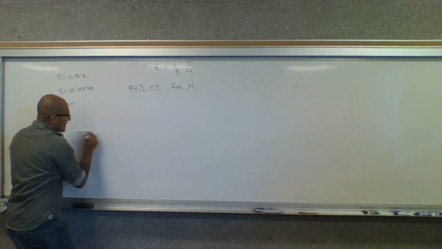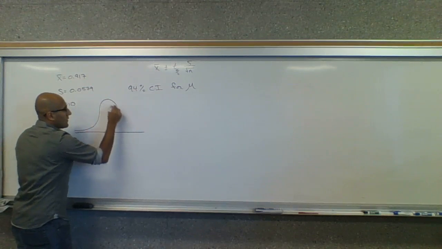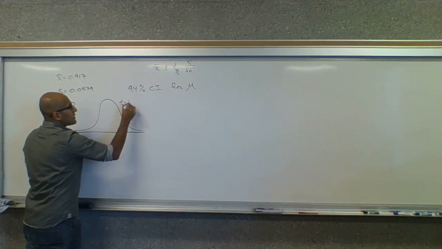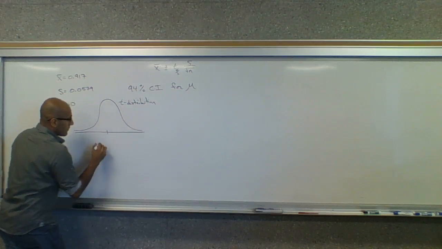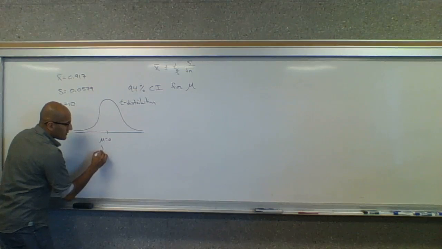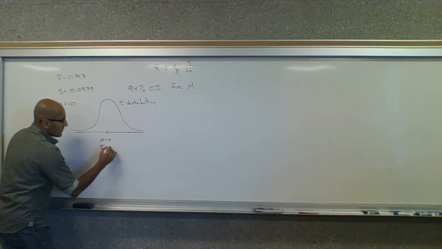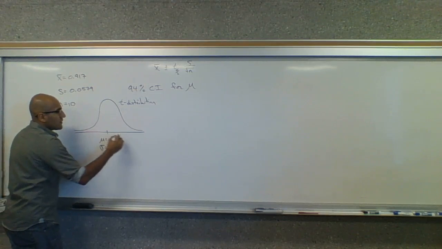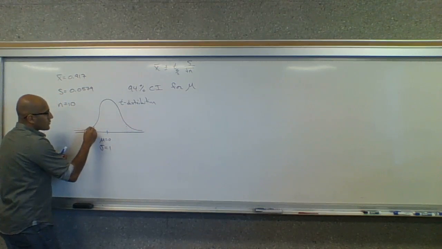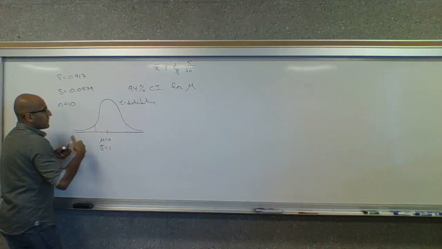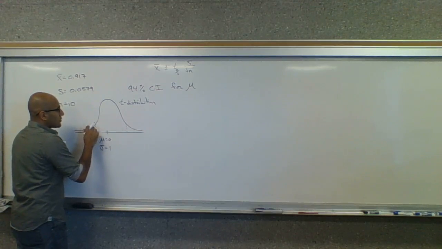I need to go to t distributions, with mu equal to 0 and sigma equal to 1, and I want the area that traps the middle 94%. Now we have the standard t distribution. The standard normal is the standard t distribution.